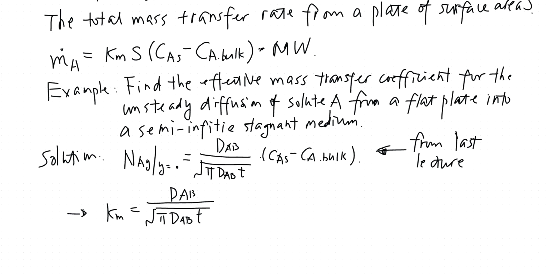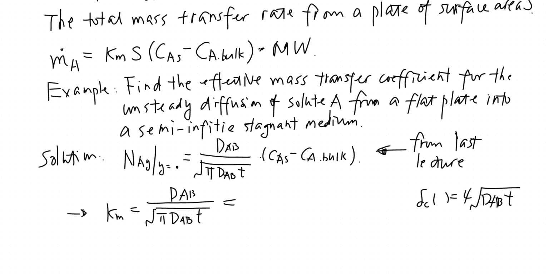So you can also write it in terms of boundary layer thickness. If you recall, last time we discussed boundary layer thickness, about 4 times the square root of D_AB multiplied by t.